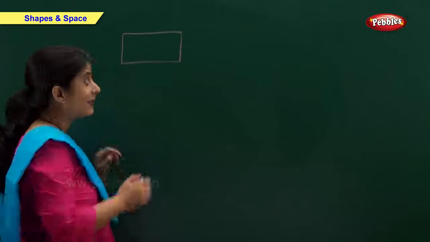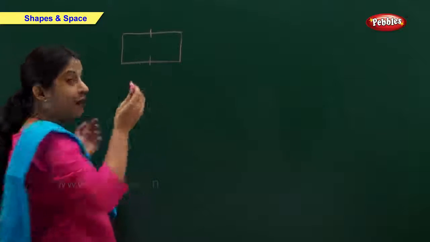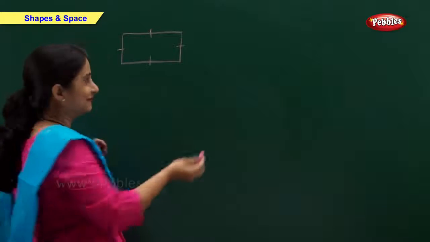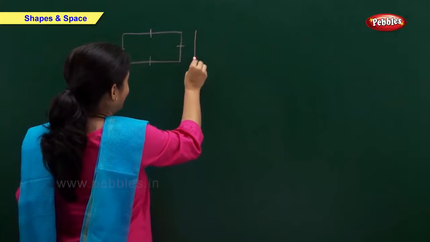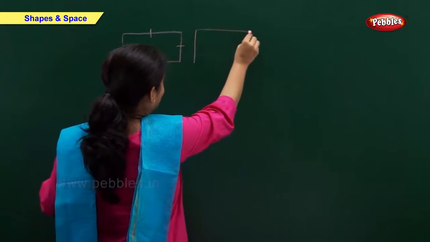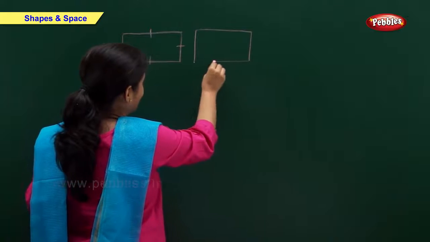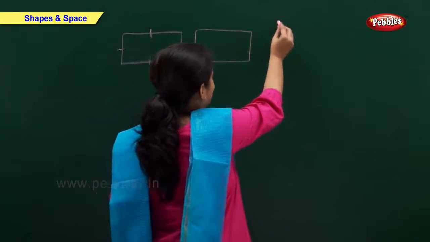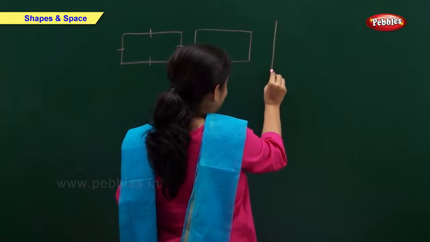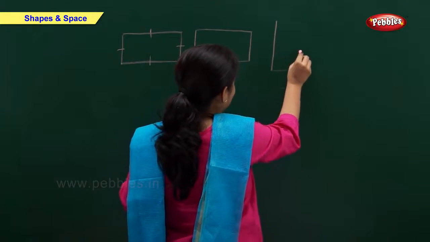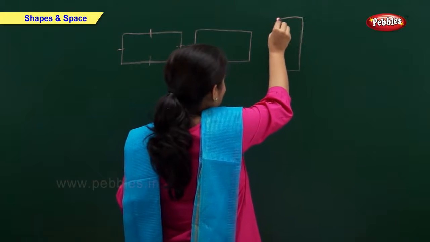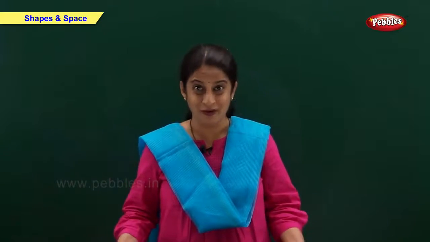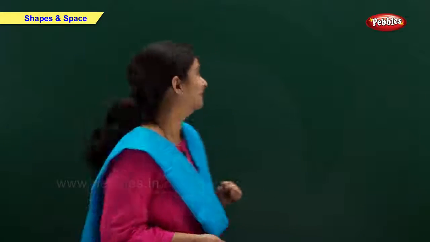And you know friends, the opposite sides of rectangle are equal. Now let us draw a triangle.